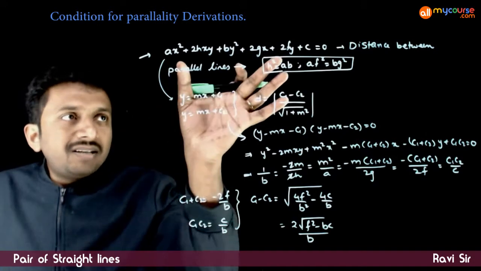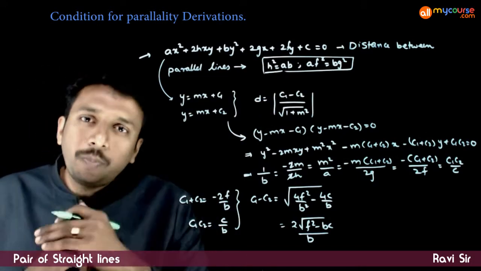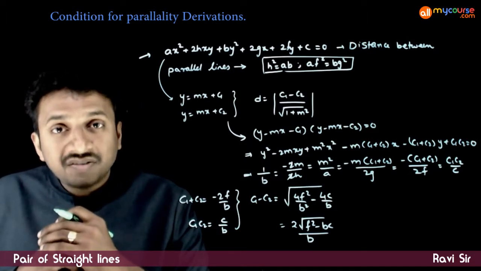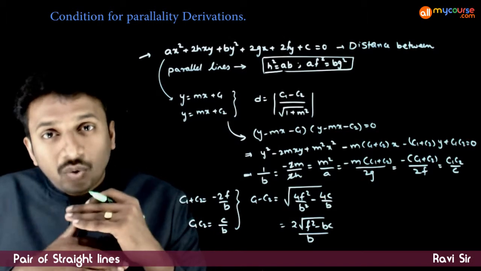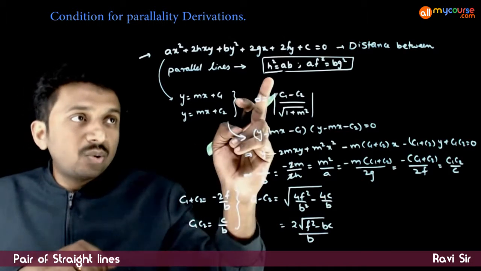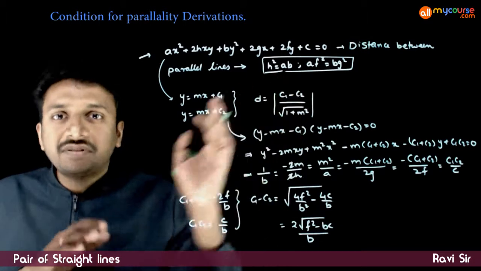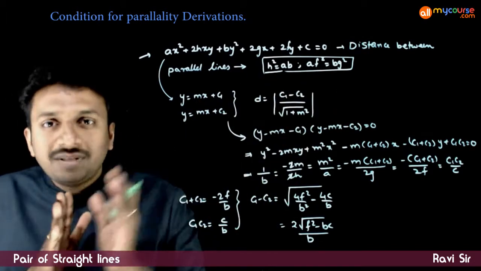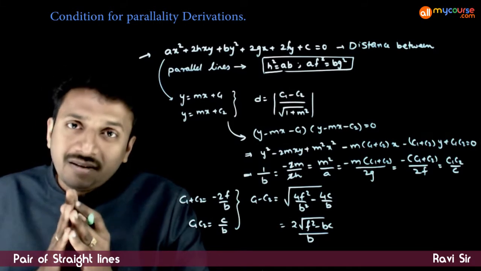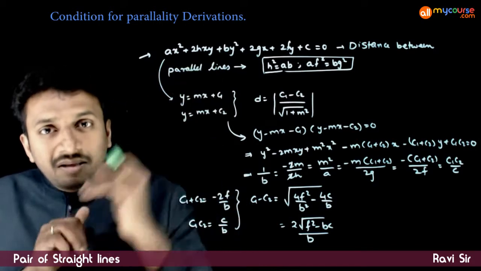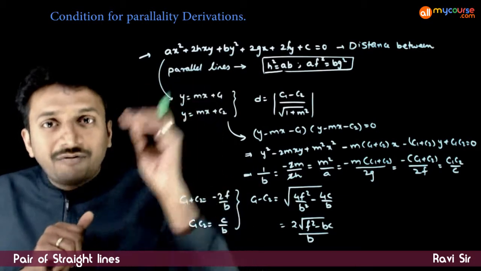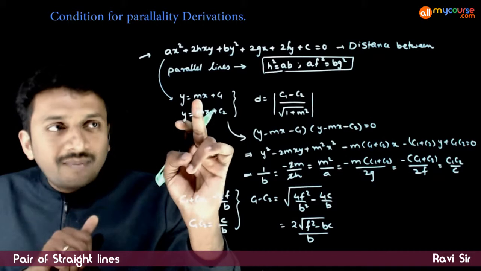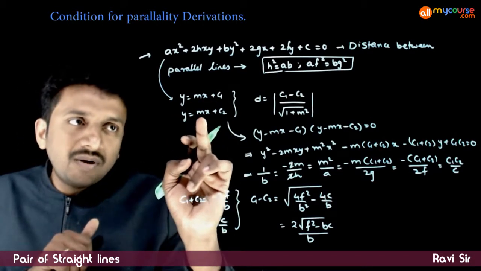So suppose that this equation represents two parallel lines, and we have seen that the conditions that need to be satisfied for two lines to be parallel is h square is equal to ab and af square is equal to bg square. So these are the two conditions which need to be satisfied. Now, if they represent a pair of parallel lines, let us assume that lines be y equal to mx plus c1 and y is equal to mx plus c2.